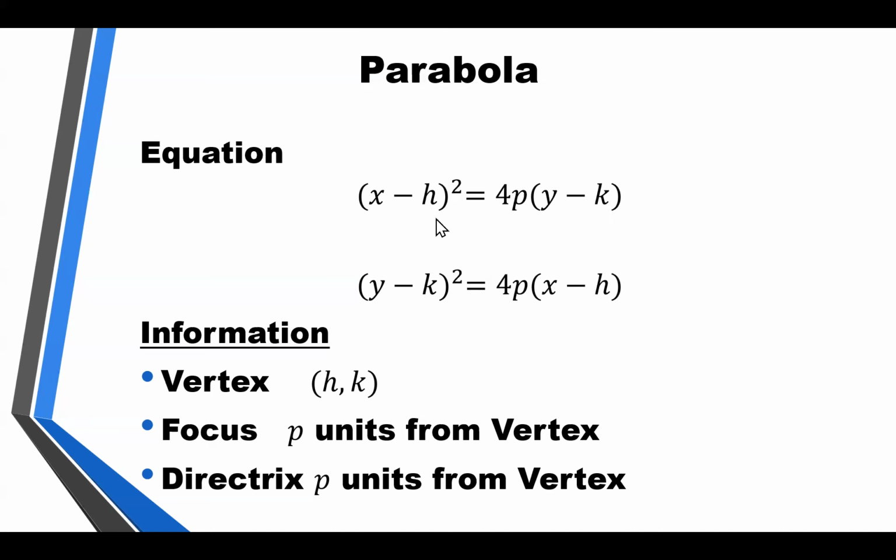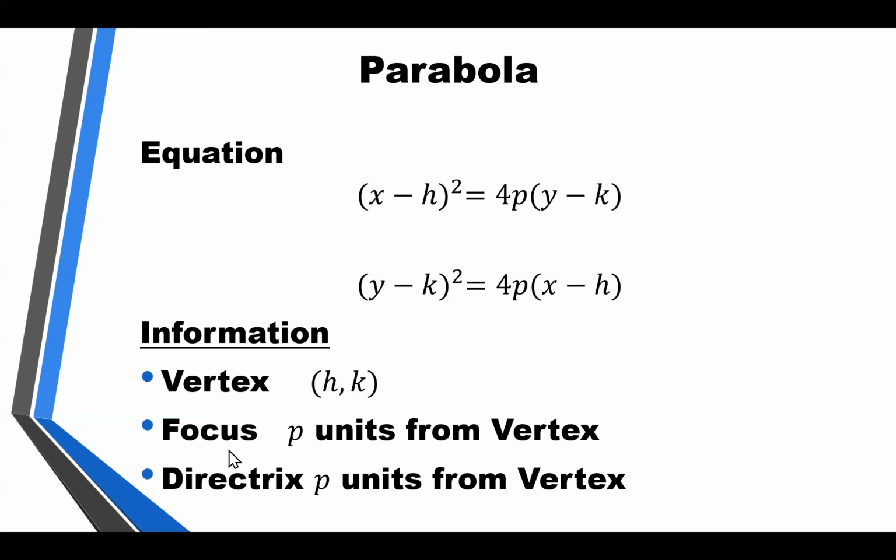So the x part is being squared in one. In the other, the y part is being squared. In the first one, the y part is not being squared, but the x part is. And the part that's not being squared is being multiplied by some number, which we denote as 4 times p.